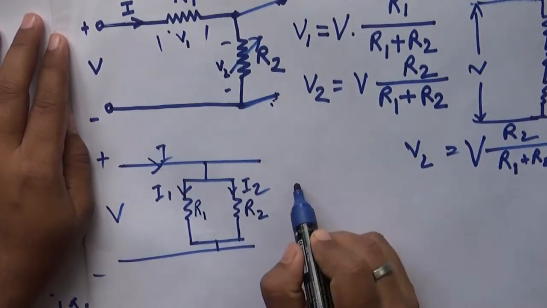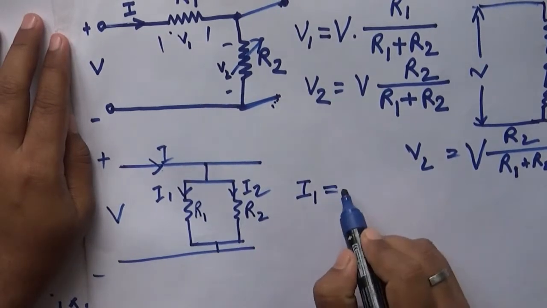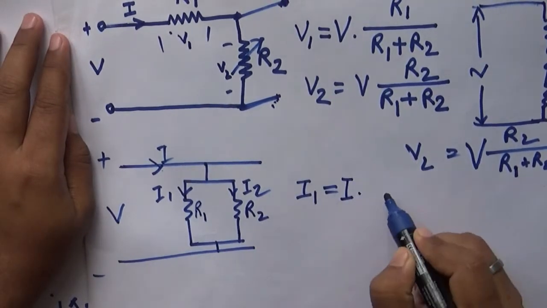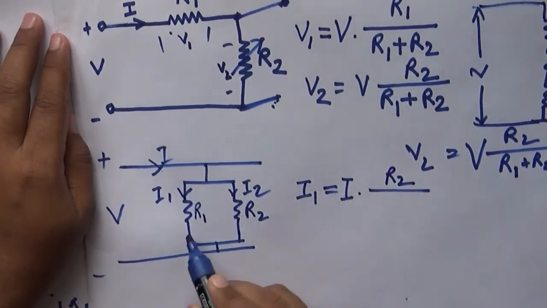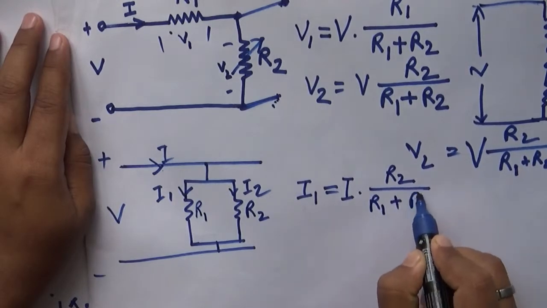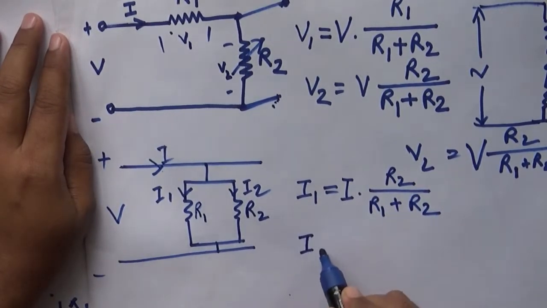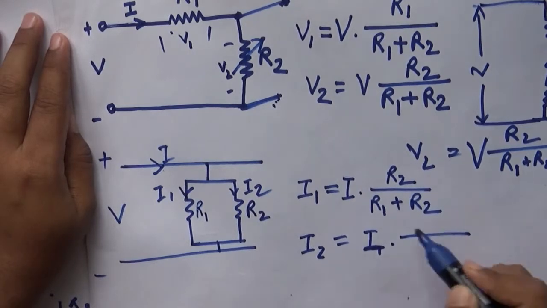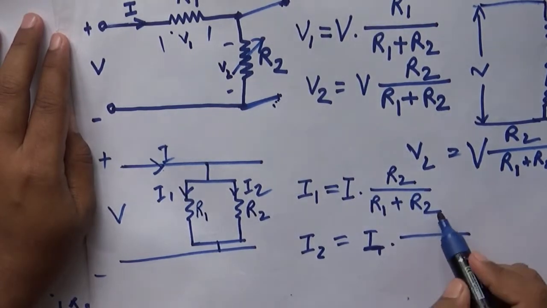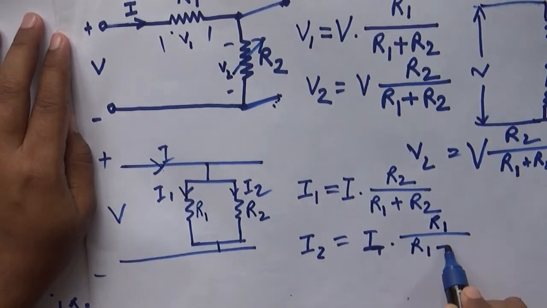And what is the formula of I1? I1 is equal to I times R2 by R1 plus R2, and I2 is equal to I times R1 by R1 plus R2.